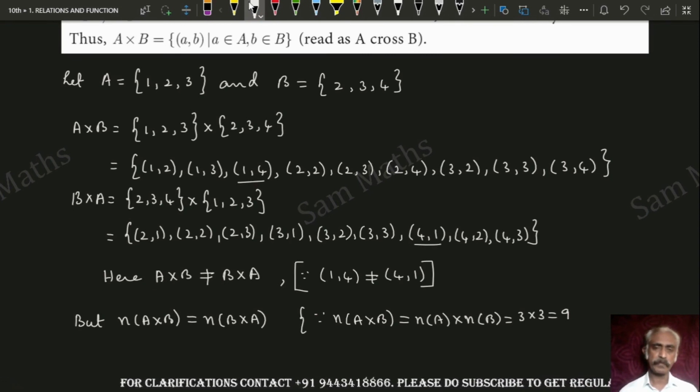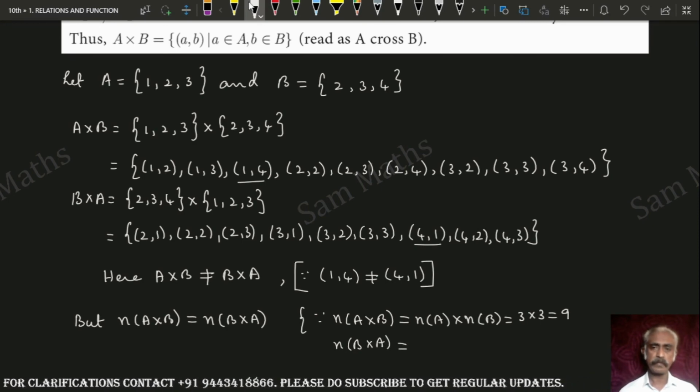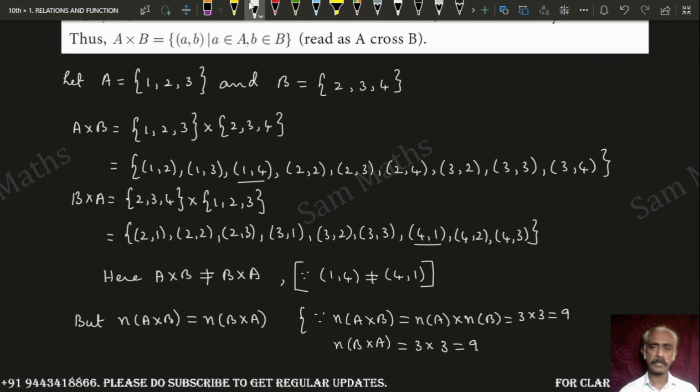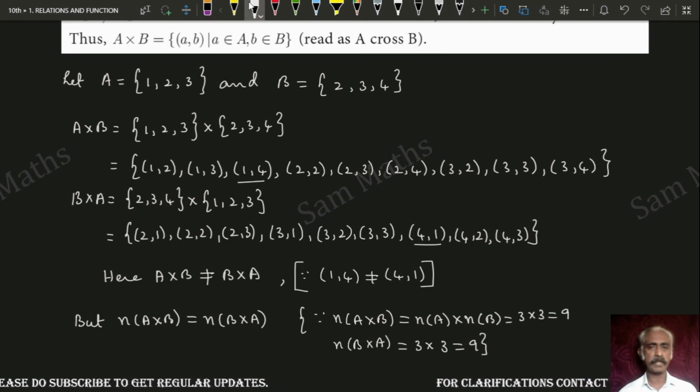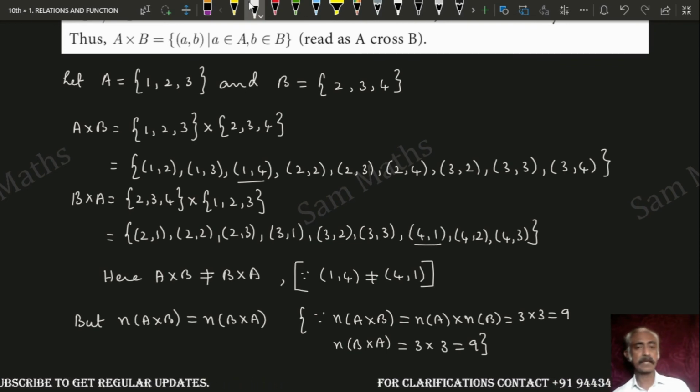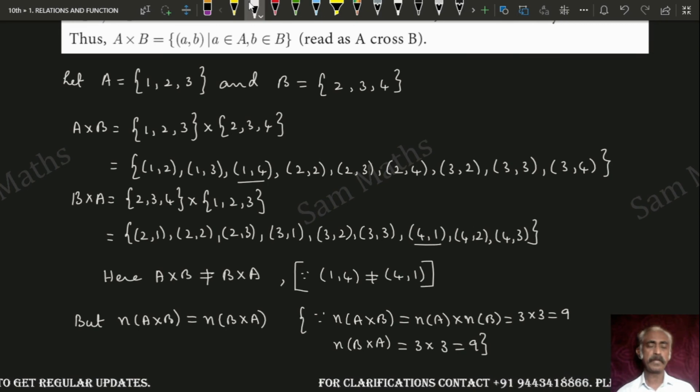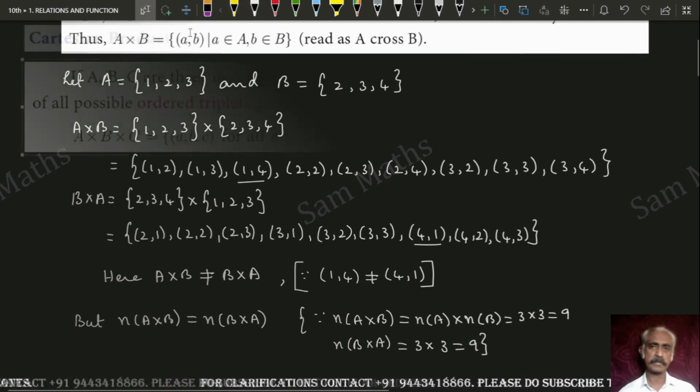The same thing, n of B cross A means n of B, that is 3 elements, n of A is 3 elements. Totally we have 9 elements. Therefore we are getting n of A cross B is equal to n of B cross A. But in general, A cross B is not equal to B cross A. This is for 2 sets.